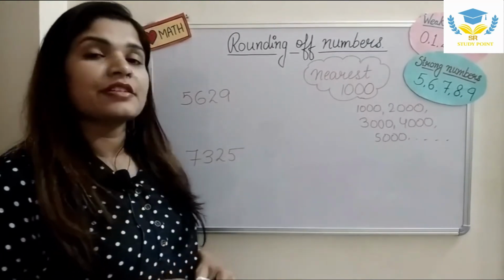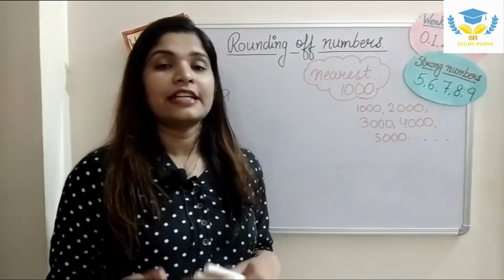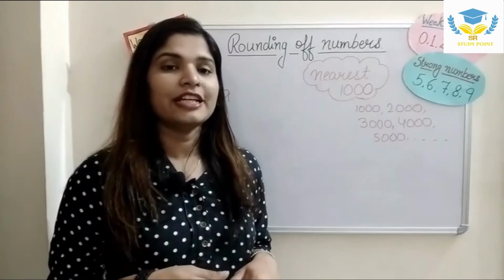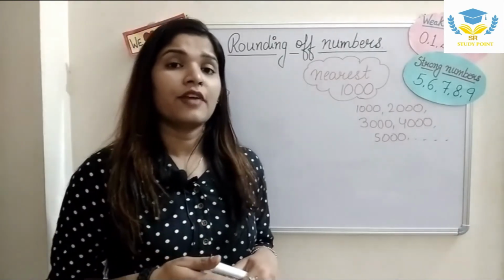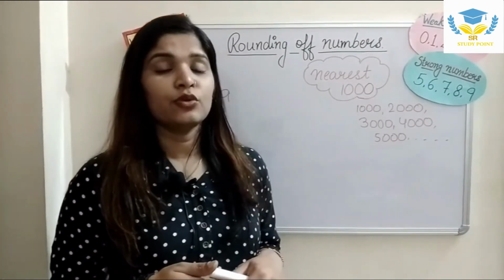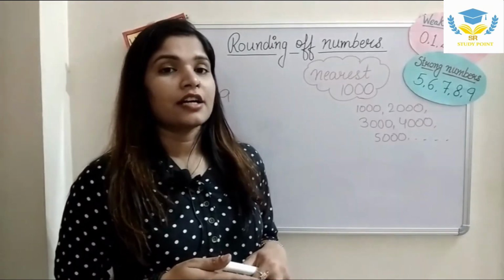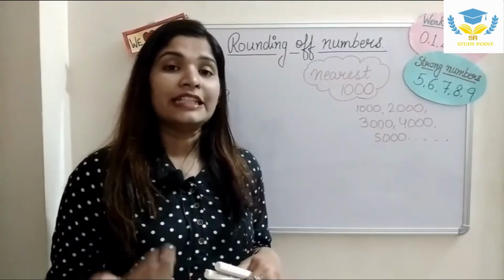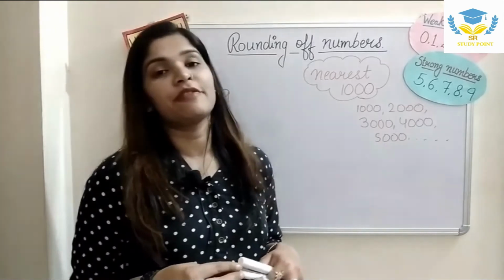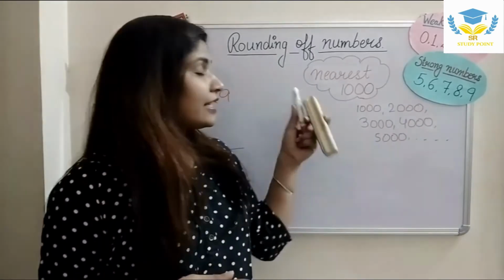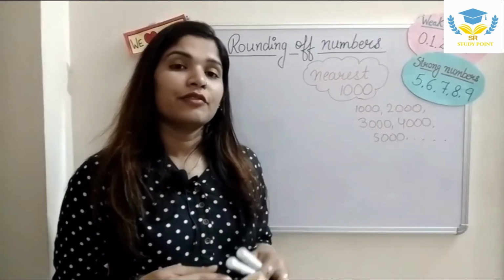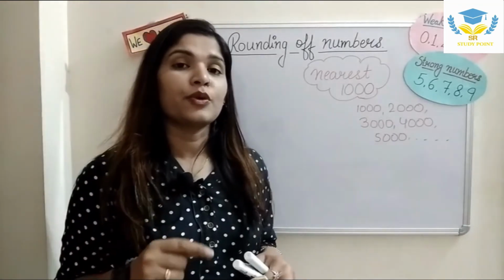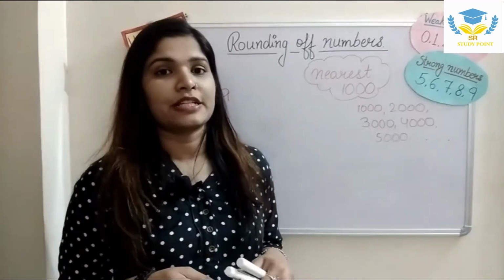As we have discussed in the nearest tens and nearest 100, what we have observed, kids, is that if we are rounding any number to the nearest 10 value, at that time we identify the number at the tens place. Similarly, when we are doing the nearest 100, we identify the number at the hundreds place.